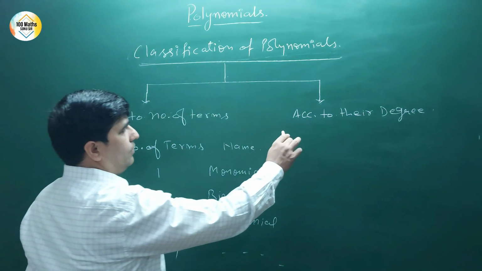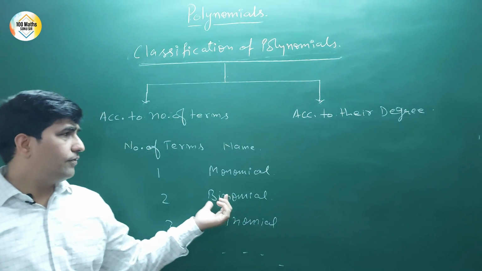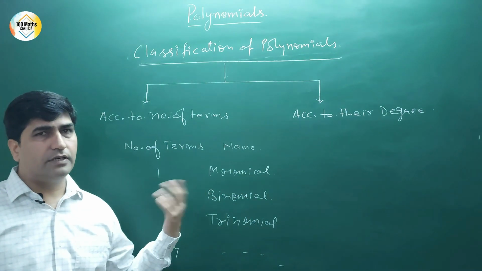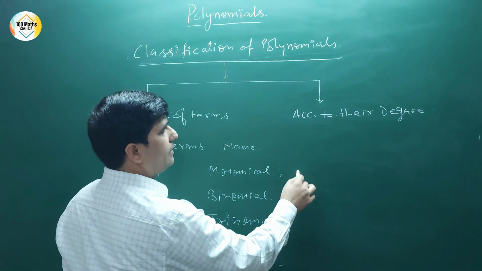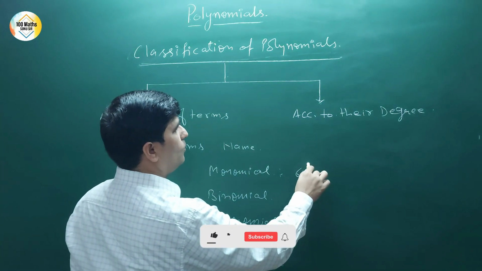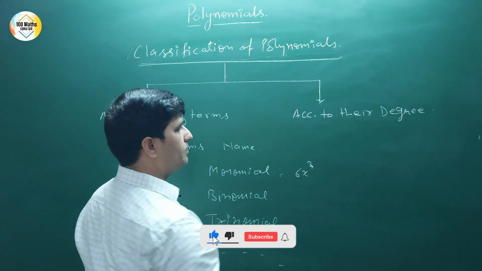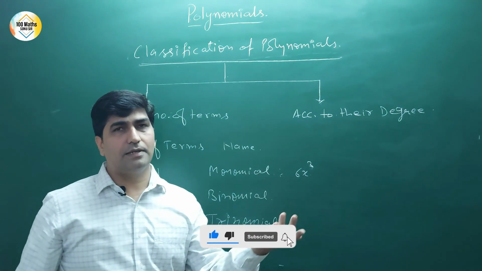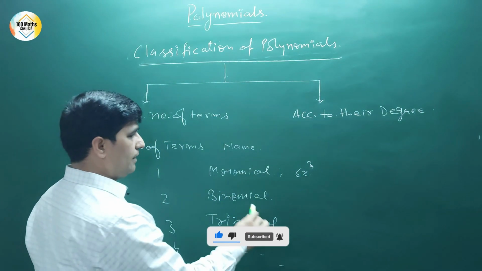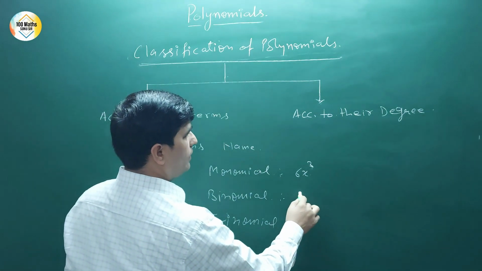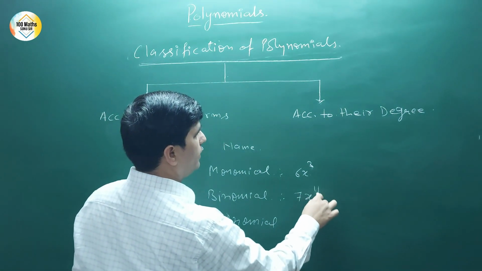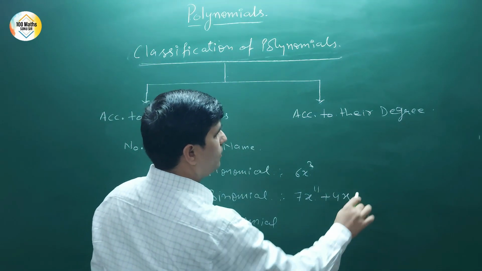Okay, now example, you can give few examples for this. Monomial, you can give any example. Let's say 6x cube. How many terms does this expression have? One only. Terms are separated by arithmetic sign, right? Now binomial, in binomial there should be 2, right? So you can say 7x raised to power 11 plus 4x, only 2 terms.